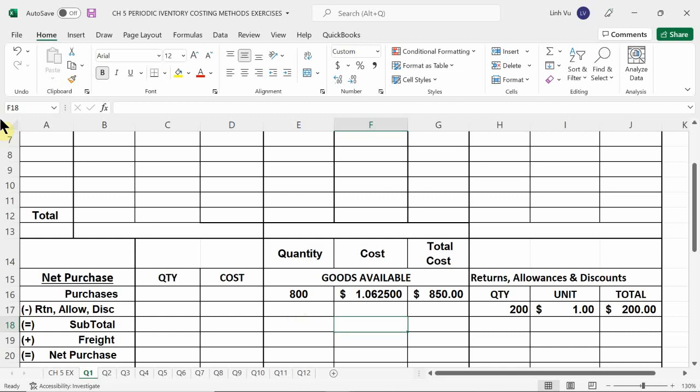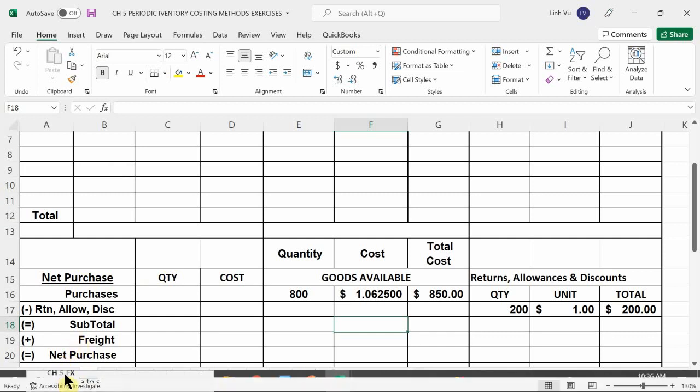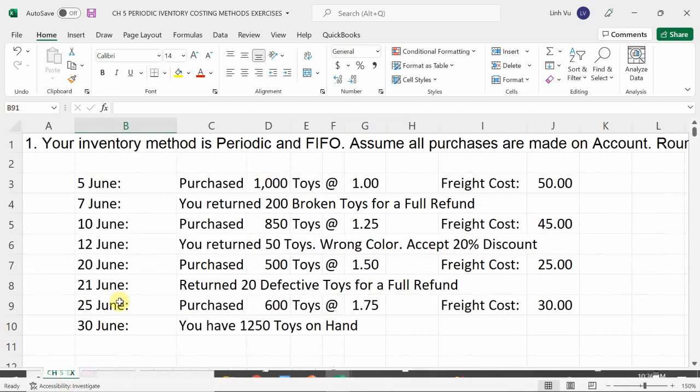So let's go ahead and see what has happened next. June 10 rolls around, and we end up purchasing 850 units at $1.25 with a freight of $45.